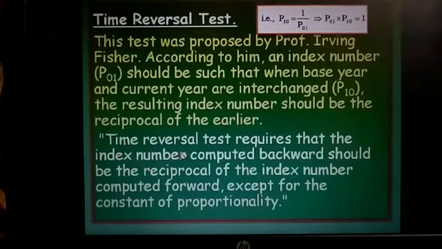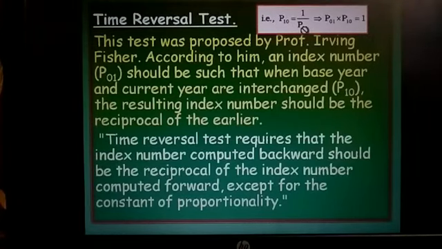So here it is given that time reversal test requires that the index number computed backward should be the reciprocal of the index number computed forward. This P01 is the reciprocal of what? The index number computed forward. The index number computed forward is P10. Reciprocal in the sense 1 divided by that.